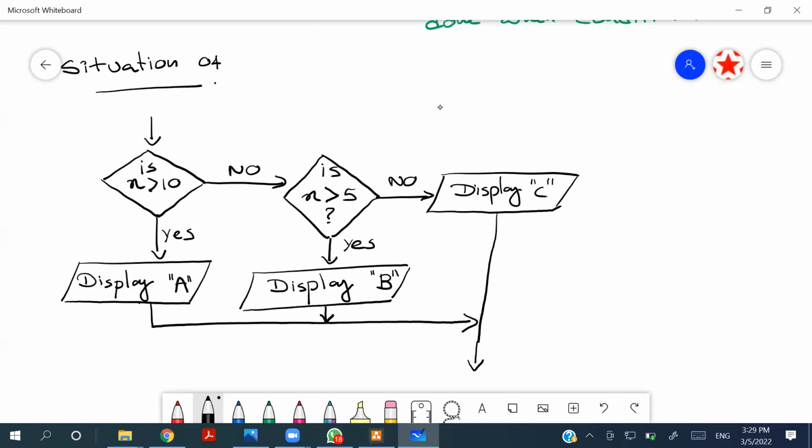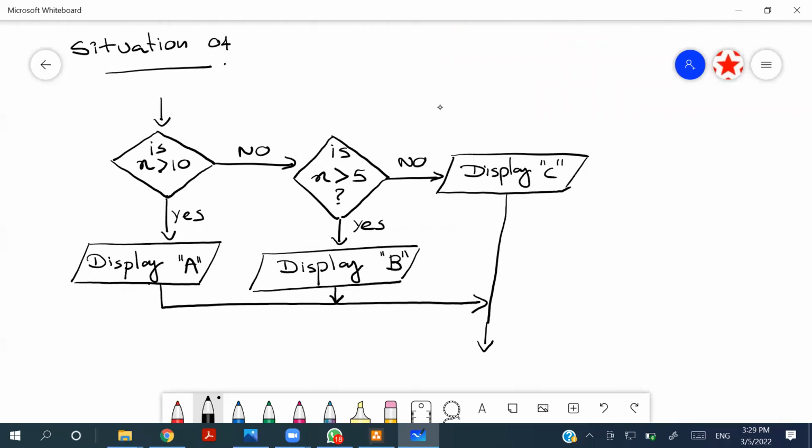Okay, so draw the lines in a correct manner. It is important. And you may realize there are two conditions, both are selection conditions. And one condition can be found when the other condition is false, right? Like x larger than 5 is found when x larger than 10 is false, right?